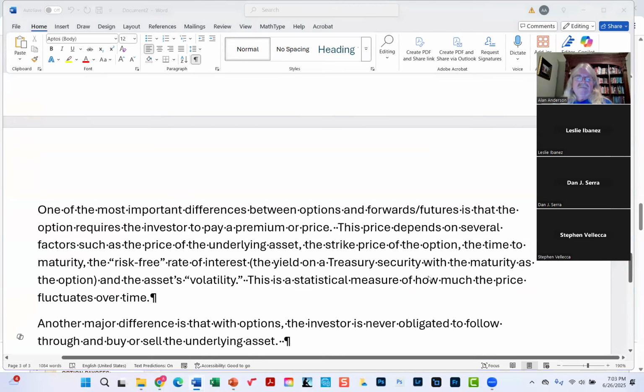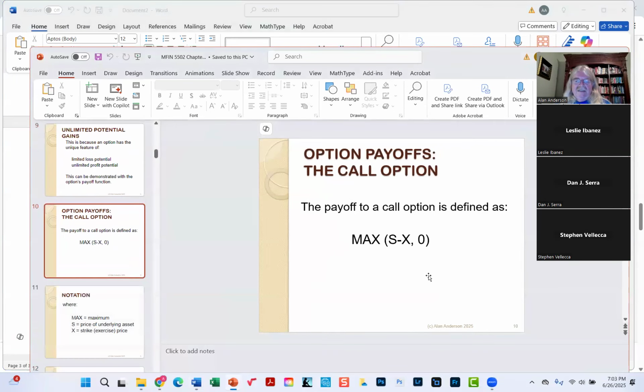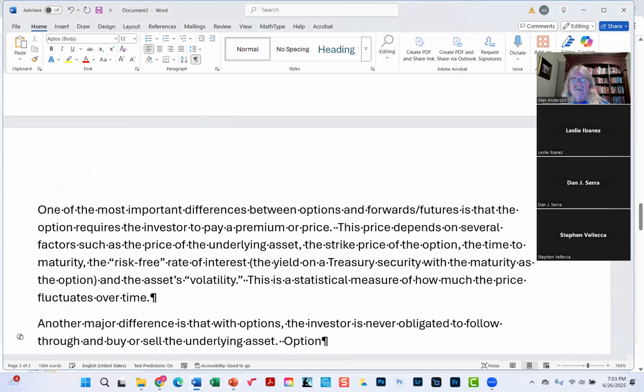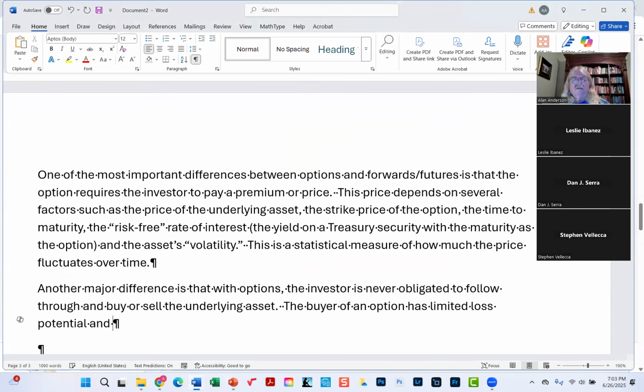Well, anyway, so options have, for the owner, I should say the buyer of an option, not the seller, limited loss potential and unlimited profit potential. So then we introduce the idea of payoffs.